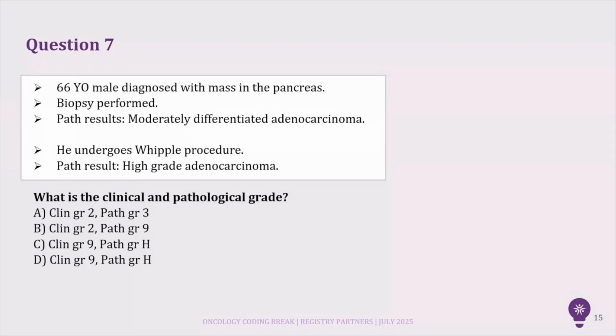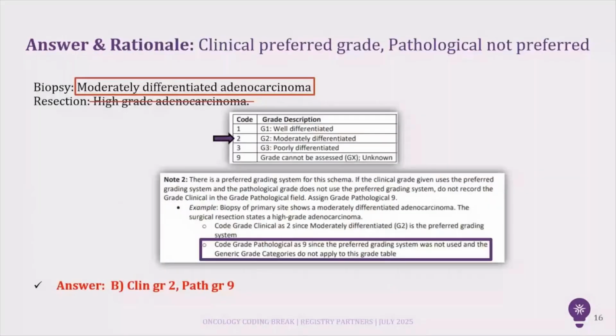So if we go to the general rules, under note 2, if there's a preferred grading system for your schema, if the clinical grade uses the preferred system, but the pathological grade does not use the preferred system, we're instructed to not use that clinical grade in the pathological field, and we're supposed to assign a grade 9 pathologically.